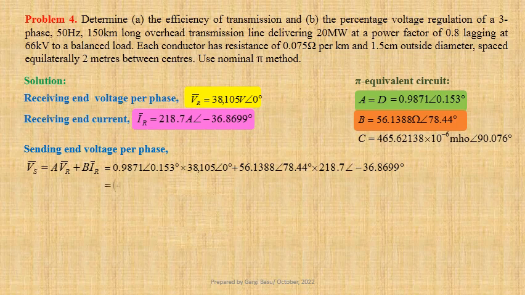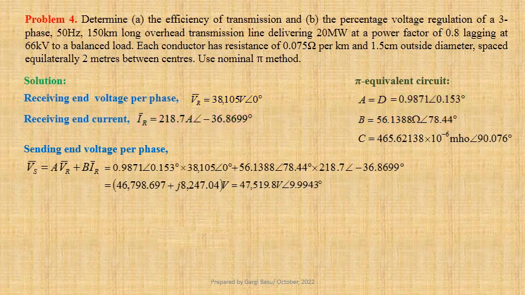That gives us 46,798.697 + j8,247.04 volt. This may be written in polar form as 47,519.8 volt ∠9.9943°.